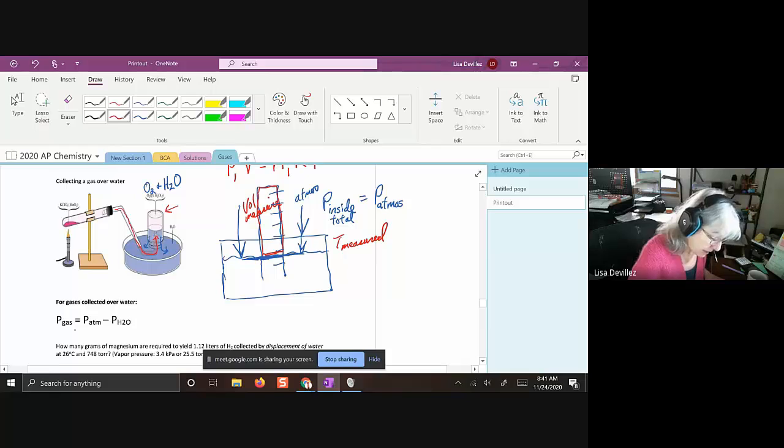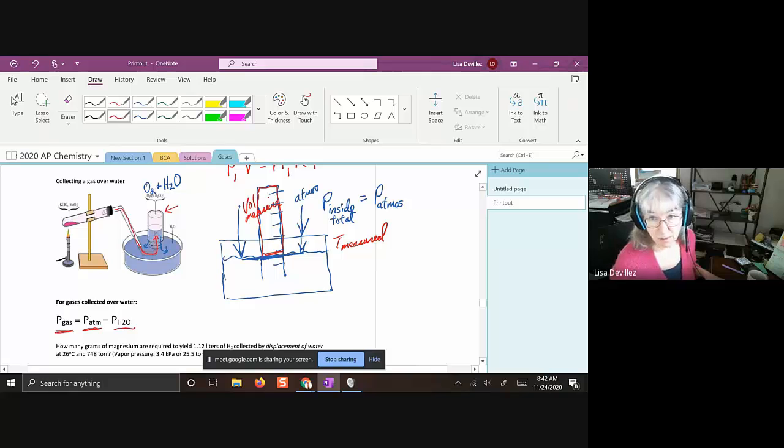So in order to get the pressure of the gas that I'm interested in, I have to take my atmospheric pressure and subtract the pressure of the water vapor. Because this is done so commonly, there are tables that you can look up to see, if the temperature is this, this is what the water vapor pressure is going to be.